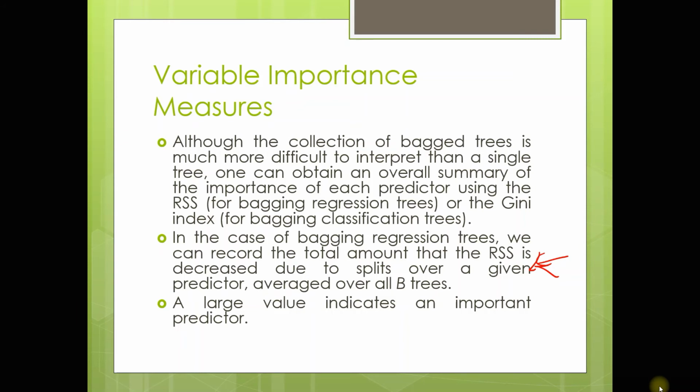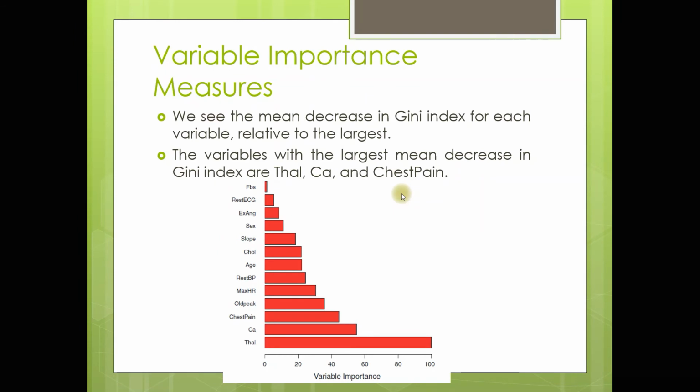To make this easier, we can represent it in a graph, all right, to understand what's going on. If, for example, you have a look at this one, you can obtain a graph of the variable importance. We just need to look at the mean decrease in Gini index for a variable, if it is, of course, categorical, and if it is quantitative, we need to look at the mean decrease in the residual sum of squared errors.